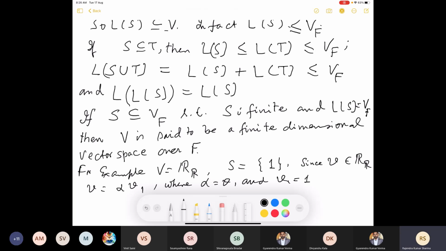So this is a linear combination of the vector, namely the real number 1. This alpha here, treated as the scalar, is a real number, and therefore it is a linear combination. And so what we get here is that we have a finite subset S, namely the singleton 1, which consists of just one element, and it has the property that the linear span of this S is the whole of V. So what we get here is that V is finite dimensional.